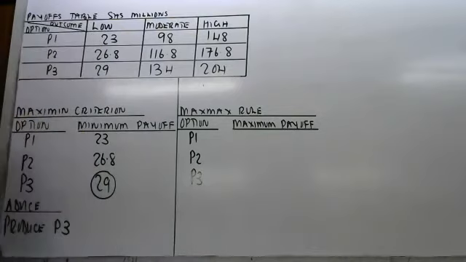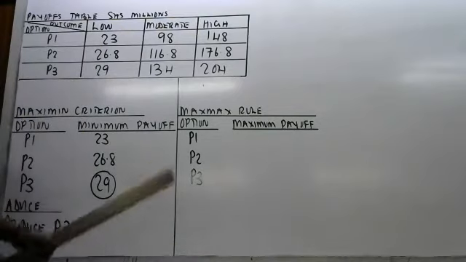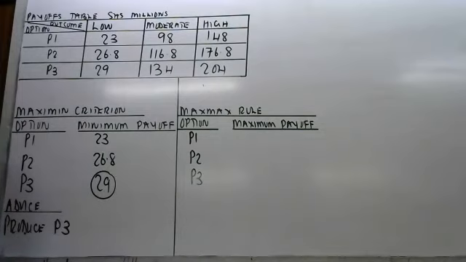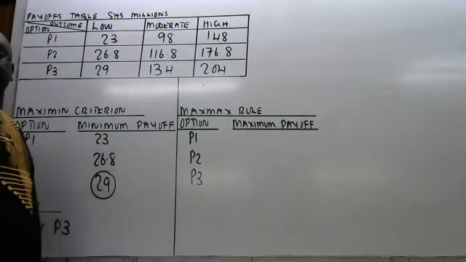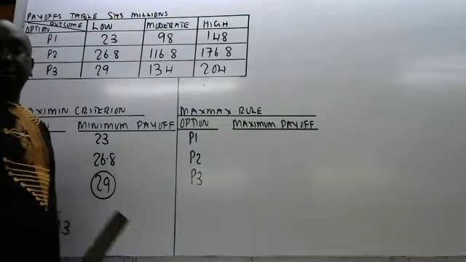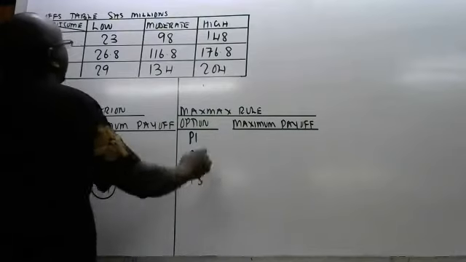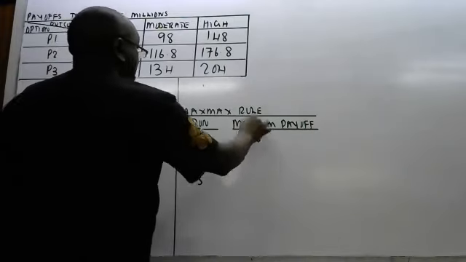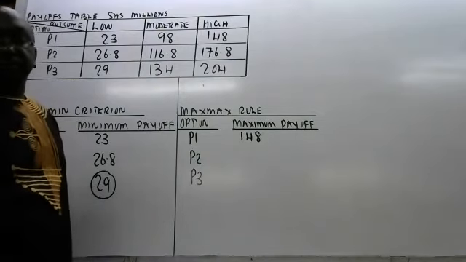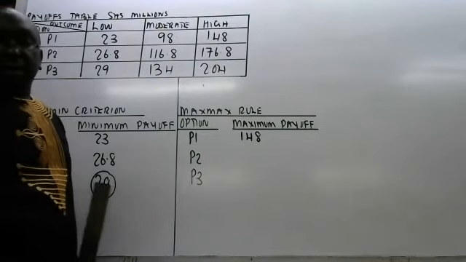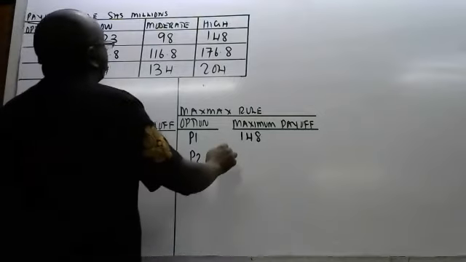So tell me the maximum in P1. Yeah, good. The maximum is 148. P2, the maximum in P2. Good, 176.8.